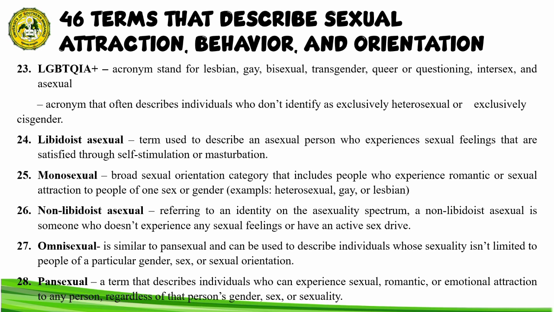Pansexual people may be attracted to men, women, non-binary people, gender fluid people, and agender people. Pansexuality is similar to bisexuality, but bisexuality is typically defined as attraction to two genders, while pansexuality is defined as attraction to all genders.